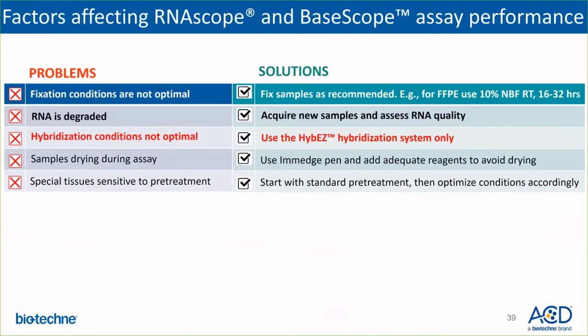Please fix the samples as recommended in the user manual, or use the HybEZ hybridization system for optimal hybridization conditions. In the next few slides, I will be discussing some of the key guidelines pertaining to each of the manual assays.